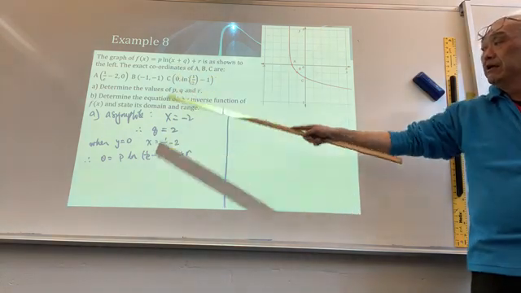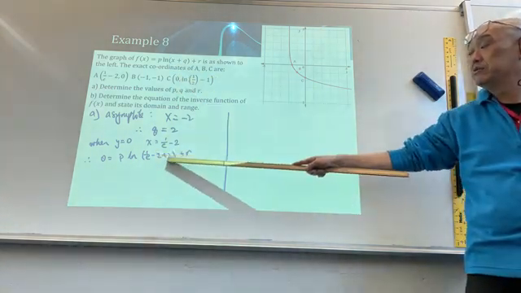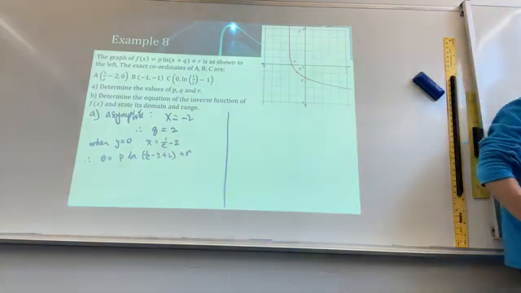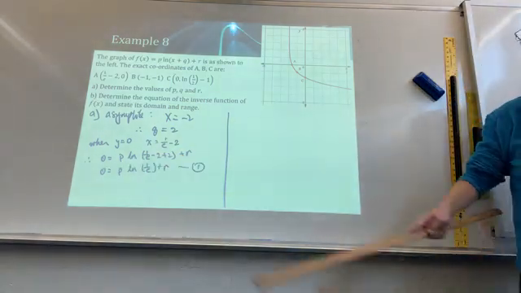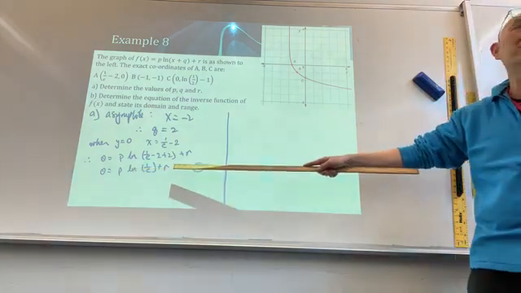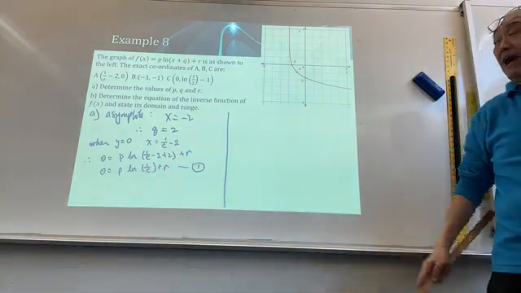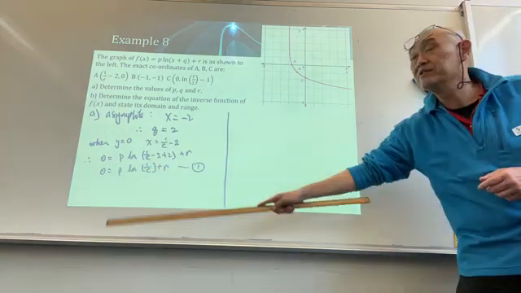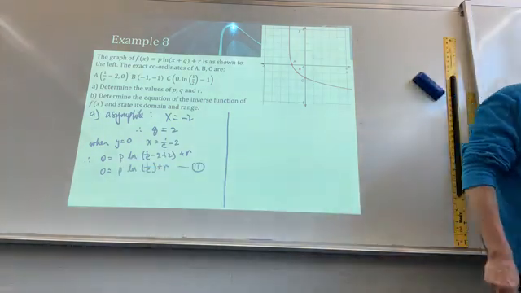Substitute in there: minus 2 plus 2 is 0, and that's log of 1, which is 0. I'm just going to leave it here. You could write it out if it is a non-calculator section. If not, I'll leave it there because I'll feed it into my calculator.